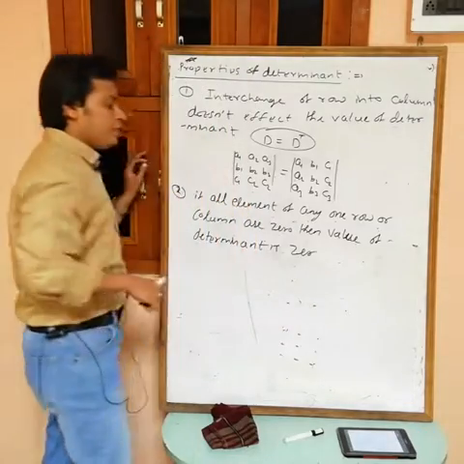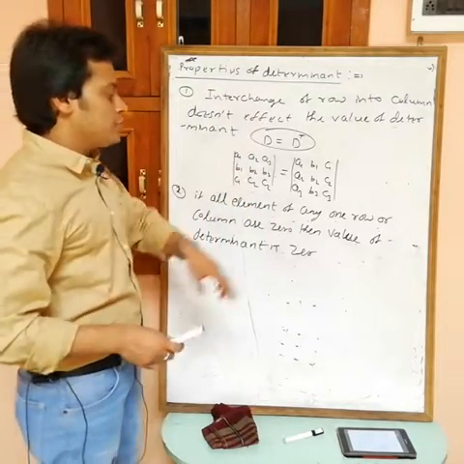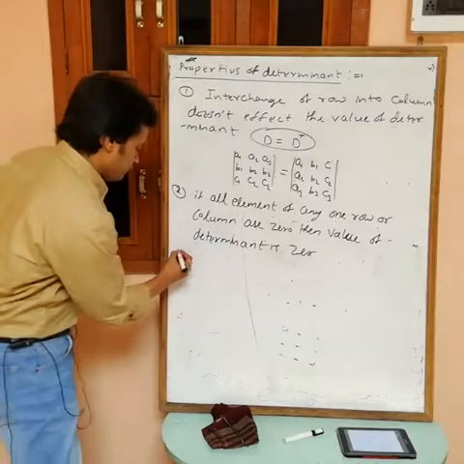Okay, if all the elements of any one row or any one column are 0, then the value of the determinant is also 0. Remember.